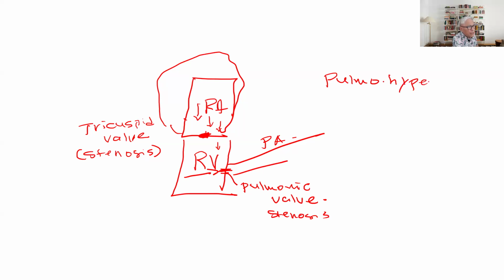And pulmonary hypertension is going to cause narrowing of pulmonary blood vessels. So these pulmonary arteries would be very, very narrow. If they're very narrow, again, they're going to cause backing up of blood in the right side of the heart. And therefore, it would cause right-sided heart failure.